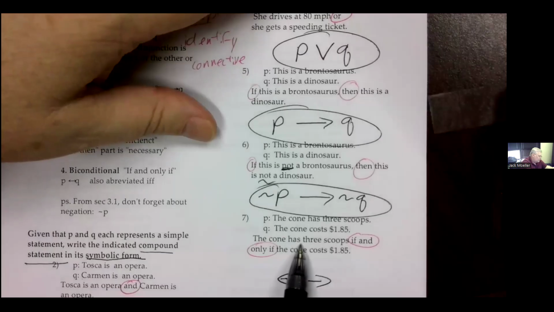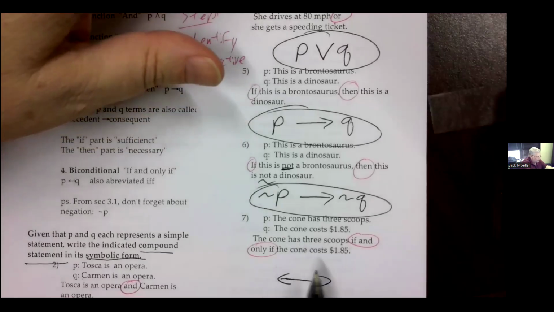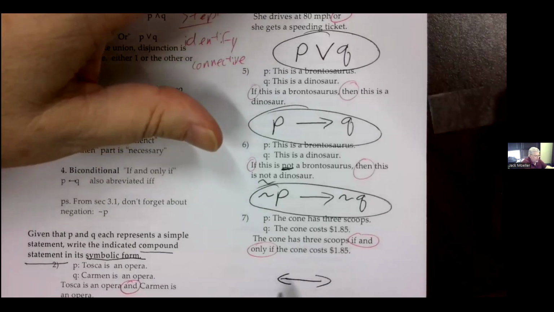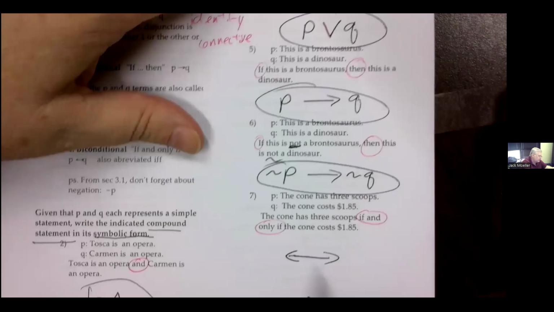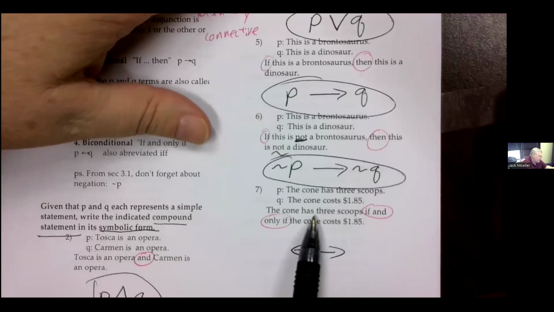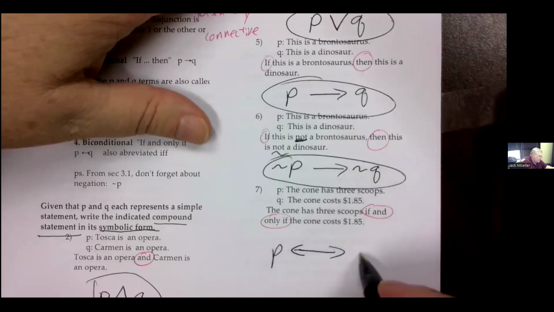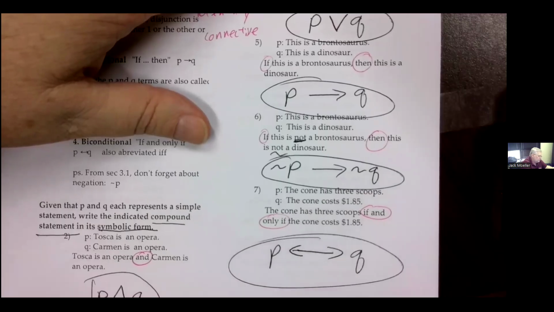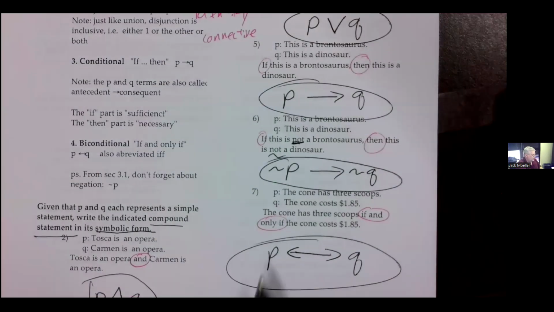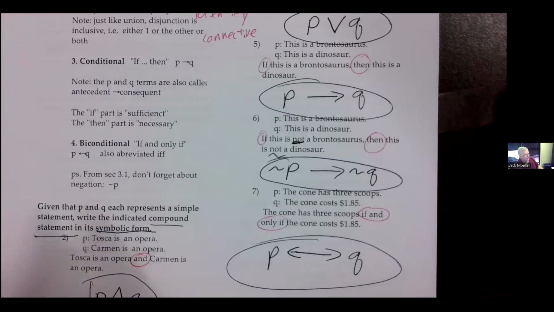Since it's going both directions, you can technically put them on either side, but let's just practice keeping everything in order. On the left side, has 3 scoops. That is P. Cost $1.85. That is Q. So that's P if and only if Q. Yes, these are kind of basic, but we're learning a new language, so we're trying to start slow, and we're going to warm up to messier problems.